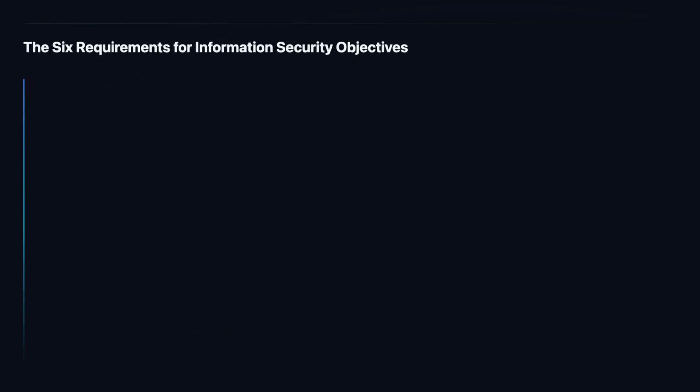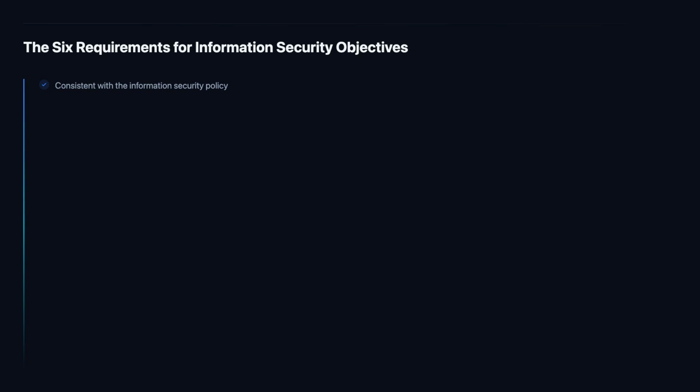Clause 6.2 of ISO 27001 sets out 6 specific requirements that information security objectives must satisfy. Together, they ensure objectives are meaningful, achievable, and connected to the ISMS. Consistency with the information security policy is the first requirement because objectives are the mechanism through which the strategic commitments in the policy are translated into actionable targets.